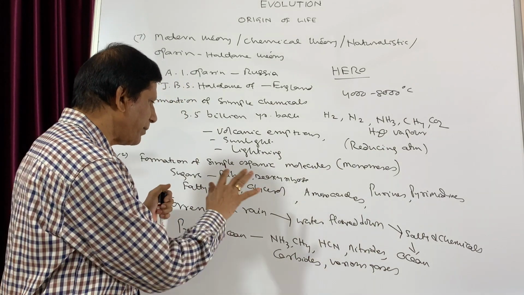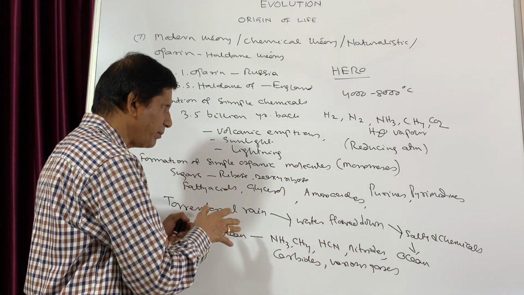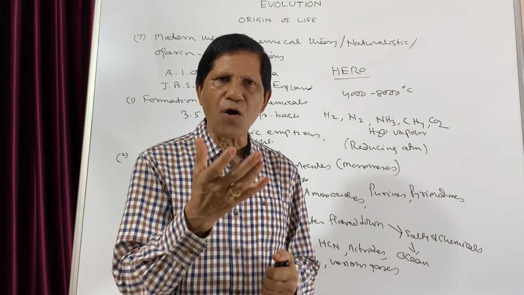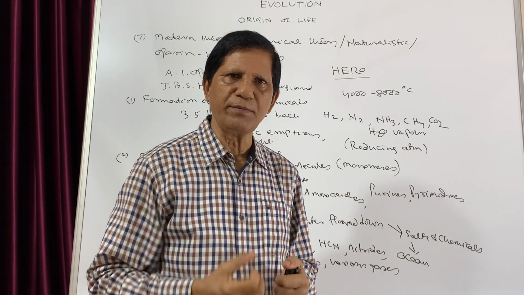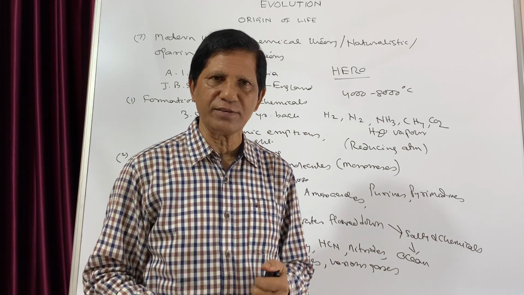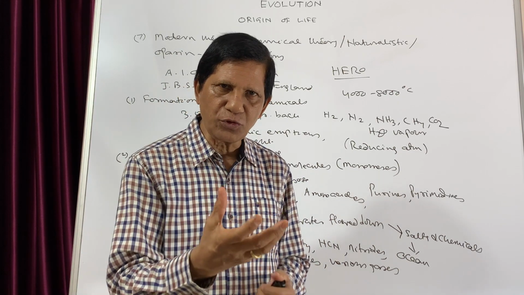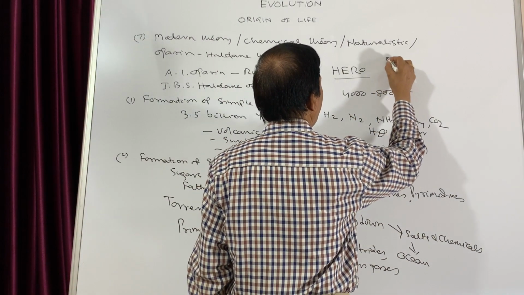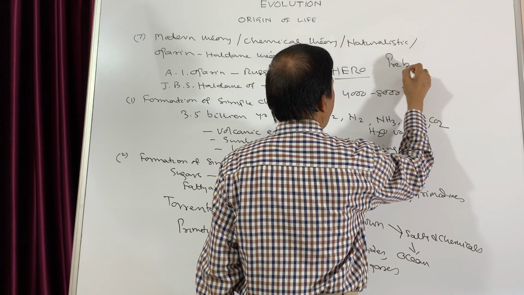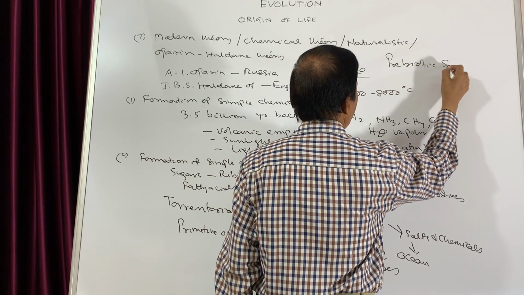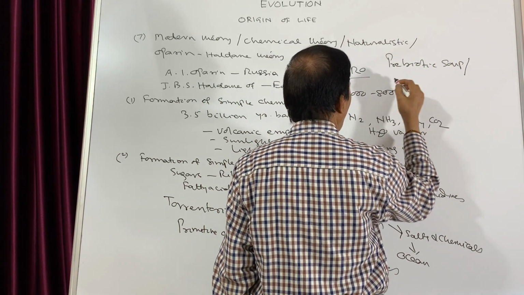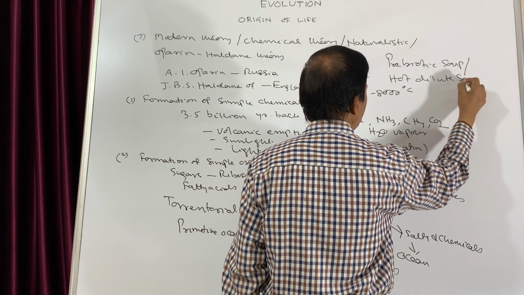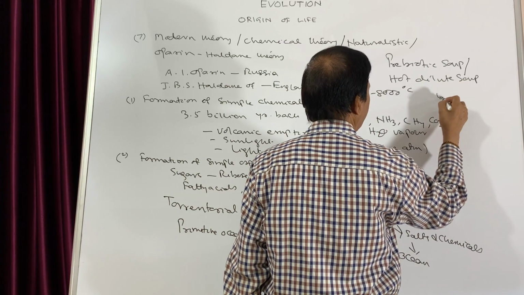Now, in this primitive ocean, when all these chemicals were present, it formed a hot soup of chemicals. And this soup was known as prebiotic soup, or hot dilute soup, by Haldane.